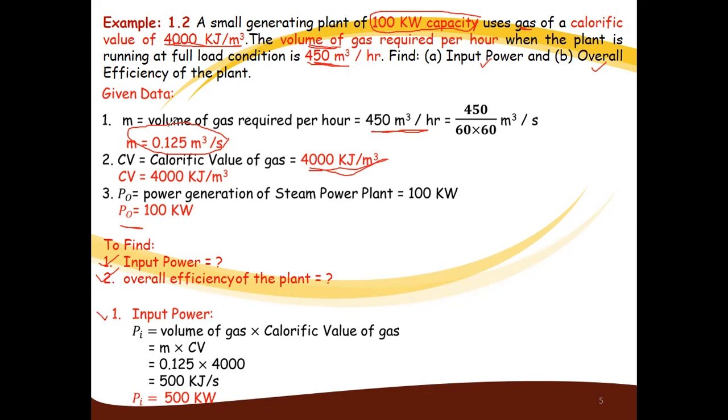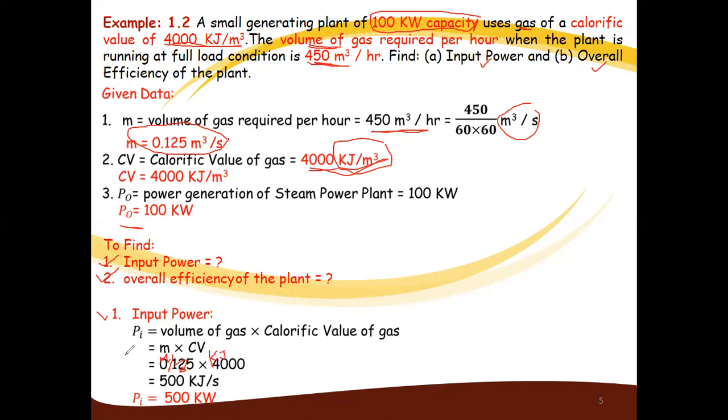Now input power is nothing but this volume into calorific value, because it is in meter cube per second and this is in kilojoule per meter cube. So we have to multiply this mass into CV, that is volume of gas into calorific value of gas. So M into CV, 0.125 into 4000. The volume is in meter cube per second and the calorific value is in kilojoule per meter cube.